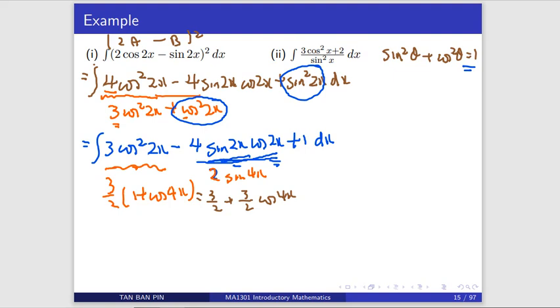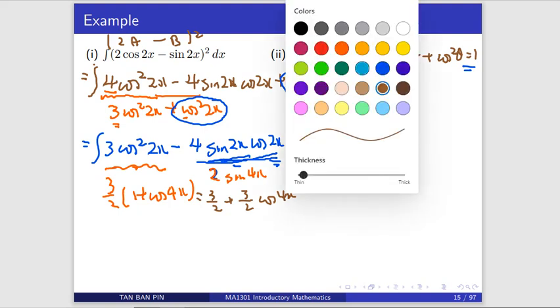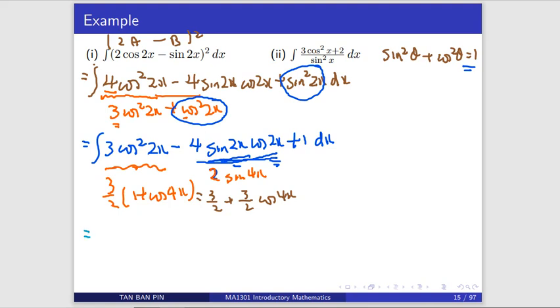And after that, you can combine similar terms. If you combine similar terms, 3 over 2 and 1 will give you 5 over 2. So you integrate 5 over 2, and then the cosine term is 3 over 2 cosine 4x, and the sine term is minus 2 sine 4x, dx.